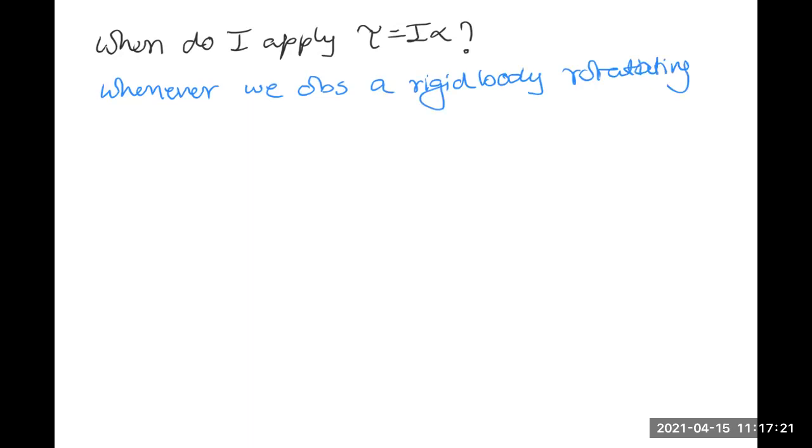So if you have a rigid body which is rotating, that means you have to apply torque is equal to I alpha. Okay? This also would mean that if it is not rotating, the net torque is zero, or net torque may be zero.